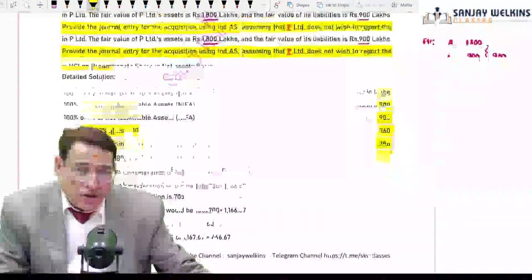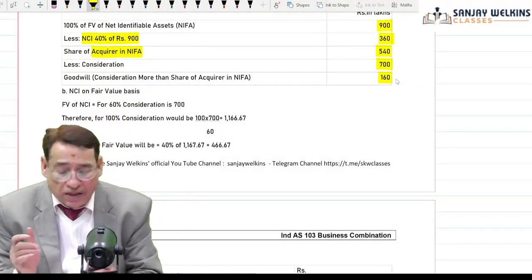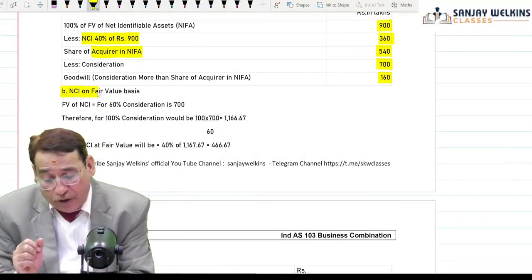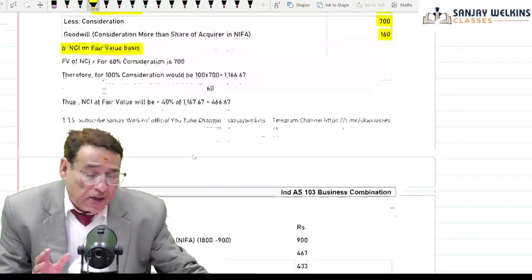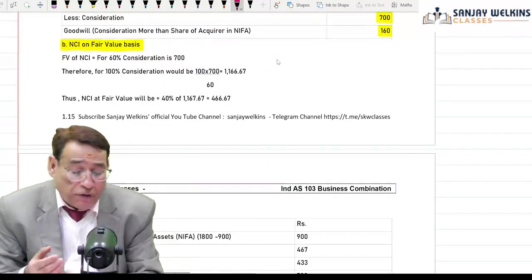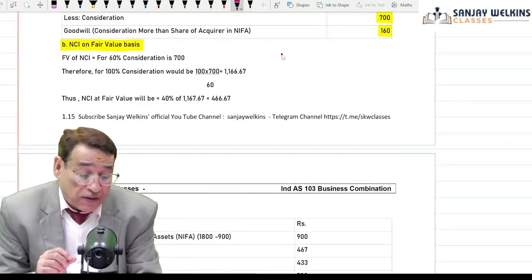In this question, actually you are supposed to do only till up to this particular point. But still, suppose I would have computed NCI on fair value basis, correct? First of all, what would have been the value of NCI on fair value basis?